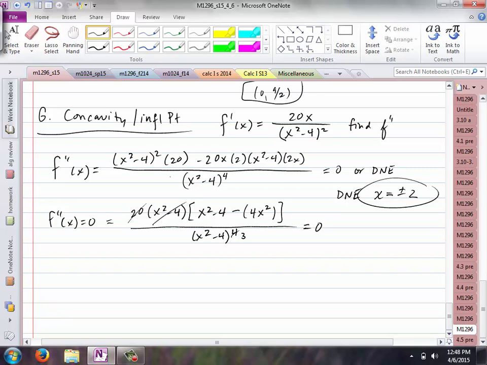And so this reduces to x squared minus 4 minus 4x squared equals 0, which of course we can simplify. So we get negative 3x squared minus 4 equals 0. Okay, let's try to solve here. Adding 4, we get the following. Divide by negative 3, I get x squared equals negative 4/3.